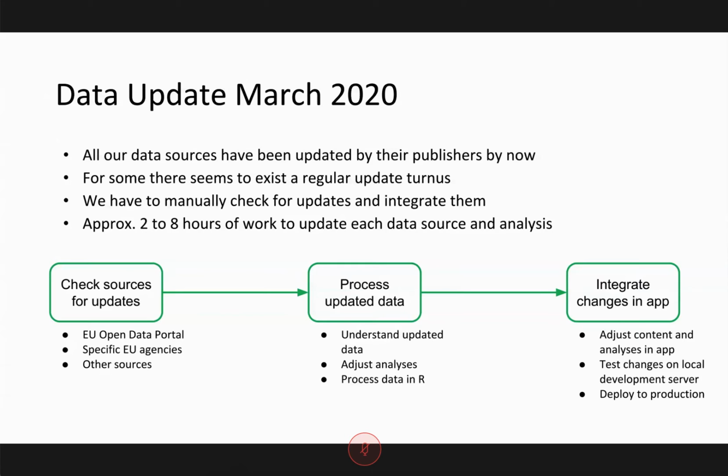The process below shows that we have to check the sources in the EU Open Data Portal and the specific EU agencies and other sources, and process them. We mostly used R for that. We also make sure that the data didn't change and that we are still using it in the right manner, and then integrate it in the app.